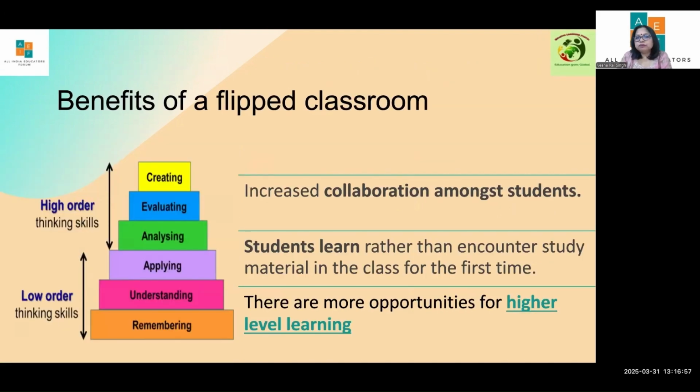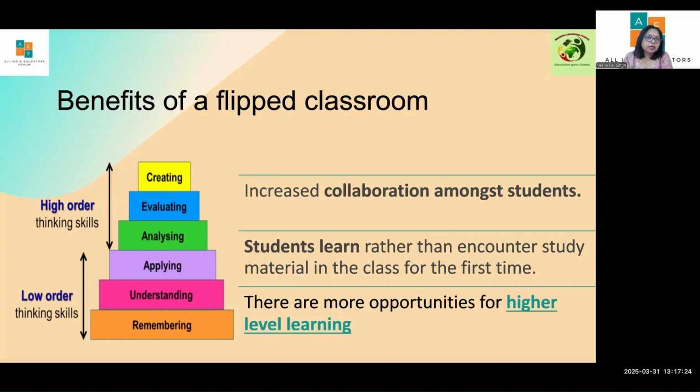Now, talking further, what are the benefits? From lower order thinking skills, we are shifting to higher order thinking skills. Not only remembering, but the students have started understanding the concept. They will be able to apply the concept. They will be able to analyze based on the facts available to them.